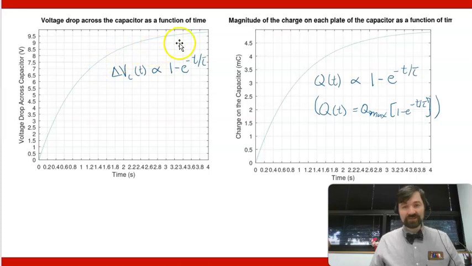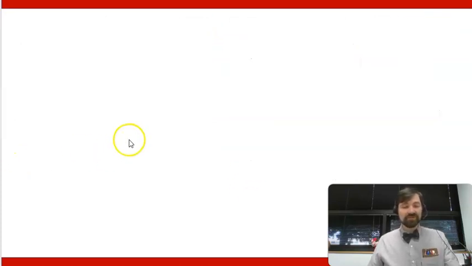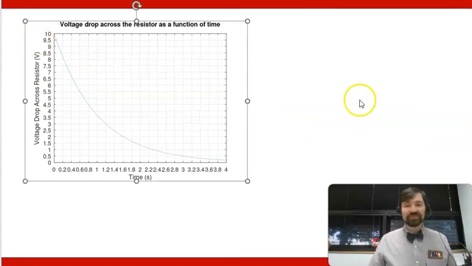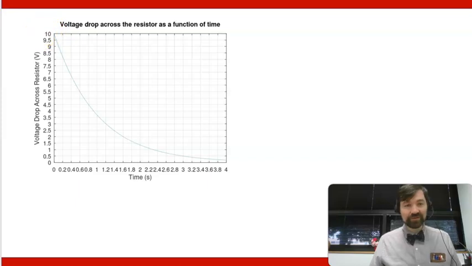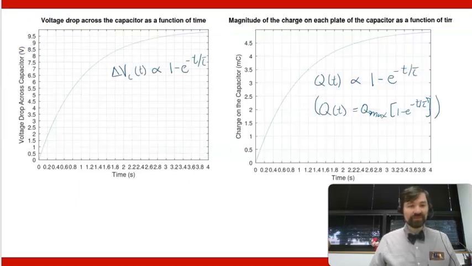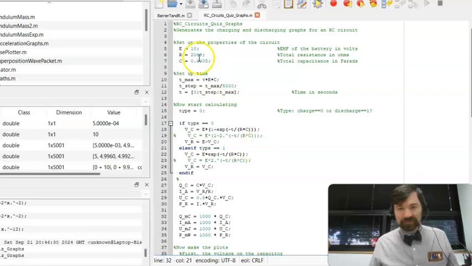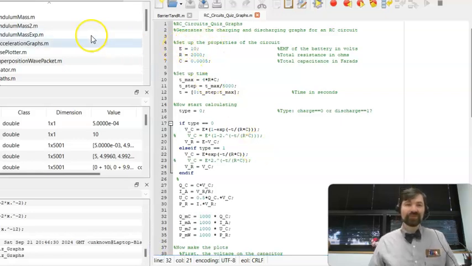It's just that these are decaying up from 0 to some value, whereas this one right here is decaying down from some value to 0. And in fact, that value is 10 volts. If you look at this one, it's approaching 10 volts. And if you look in the original code, my EMF is 10 volts.